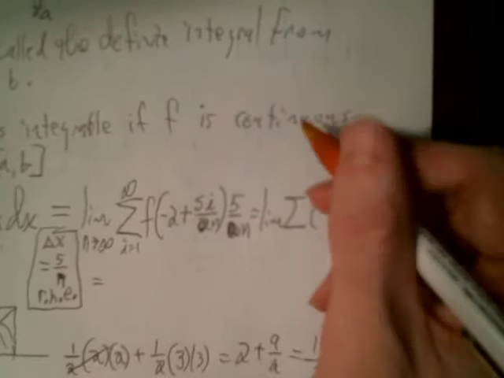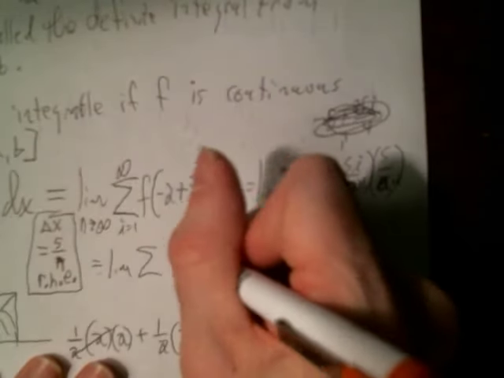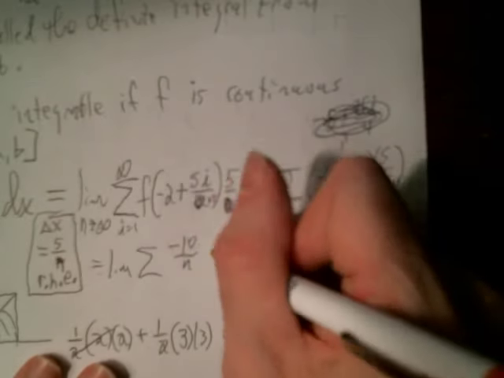So delta x is 3 minus -2 over n. Sorry about that. Okay, so let's try that again then. What are we dealing with? I have the limit of the sum of -10 over n plus 25i over n squared.